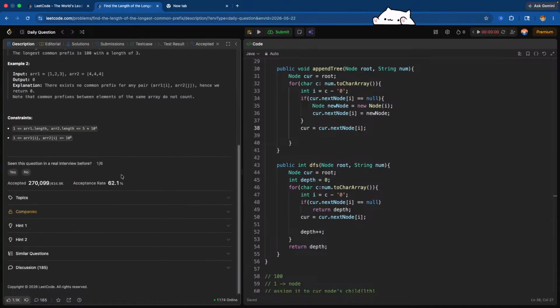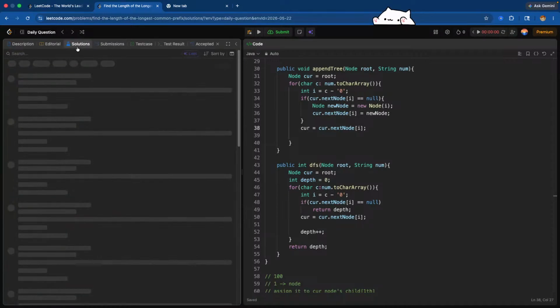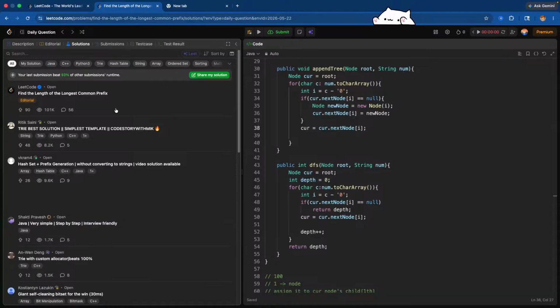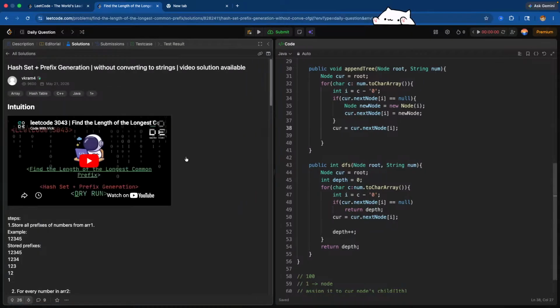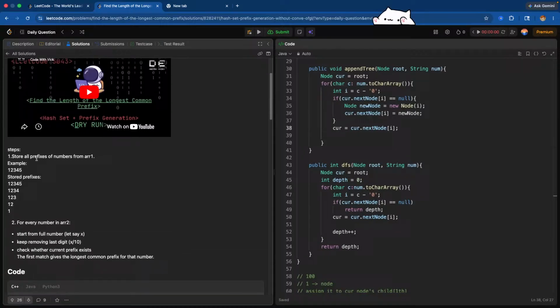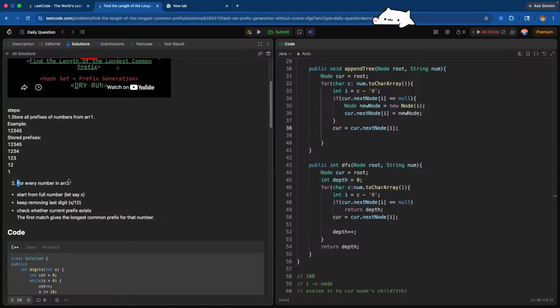Okay, let's try. Not most people know about this data structure. I want to see the hash set and prefix generation one. For every number in arr2, keep the full number, let's say x, and keep removing the last digit.